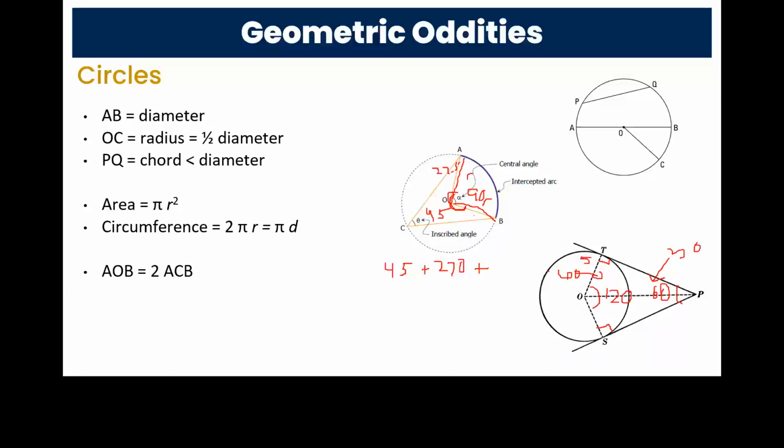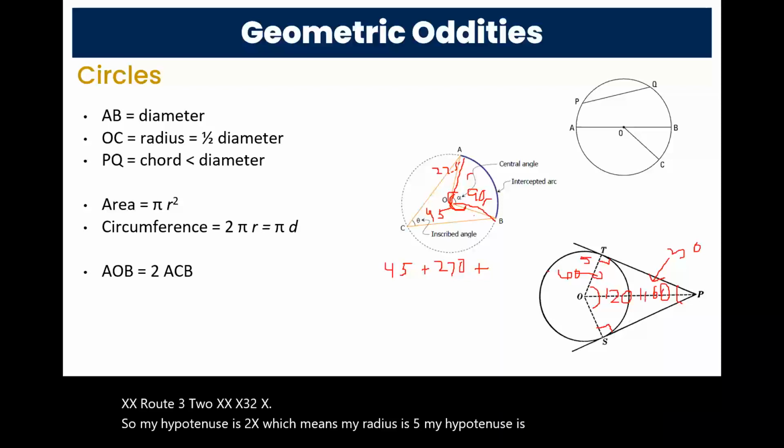Remember, x, x root 3, 2x. So my hypotenuse is 2x, which means if my radius is 5, my hypotenuse is 10. And this side would be 5 times root 3.